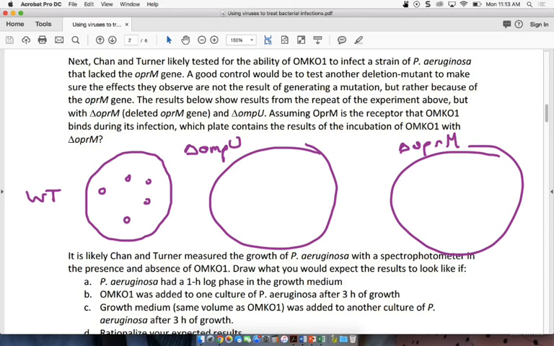Okay? And again, plaques just represent that the phage has undergone multiple replications in the bacterial cells at that location. Okay? If we delete a gene like OMPU, which is not a receptor for this bacteriophage, what would we expect to see?